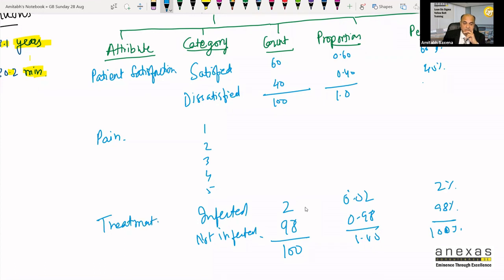Treatment that is related to infection. Here I'm the attribute where I'm interested in the status of health of the patient with respect to infection. And the category is infected, not infected.